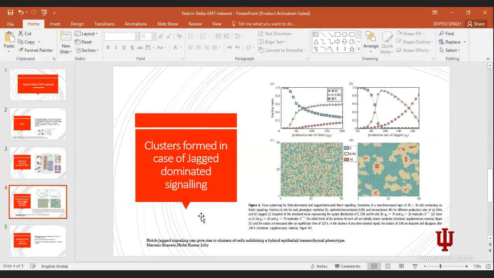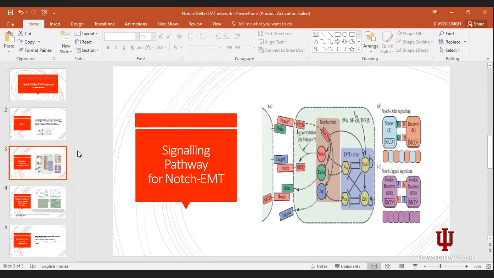Then they moved on to do a 2D lattice. Here the cells are all in a hexagonal lattice, so each hexagon is a cell. Since in the network there are terms of external notch, meaning the notch levels of the surrounding cells, they see that when jagged signaling is dominant, clusters of mesenchymal and hybrid cells are formed, which is not the case with delta signaling.